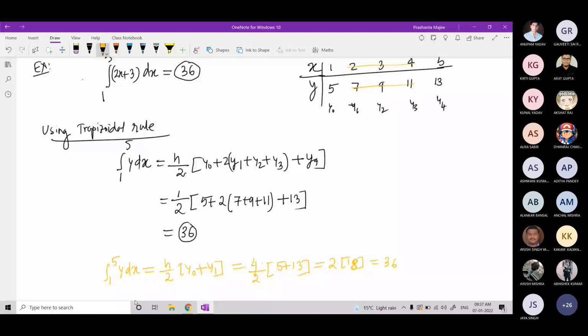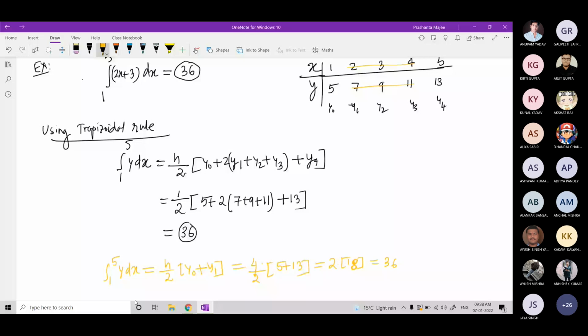Since you have considered 2 points, and for 2 points there is a unique linear curve, and the given integrand was linear, that is why you are getting the exact answer. Okay, did you get my point? Since you have created 2 data points, and for 2 data points there is a unique line, yes or no?